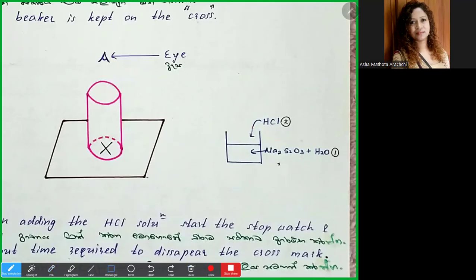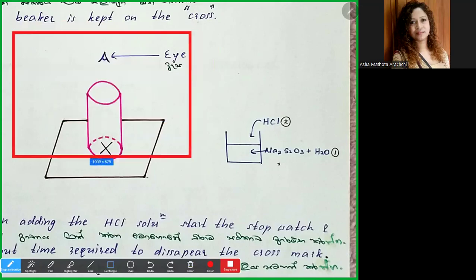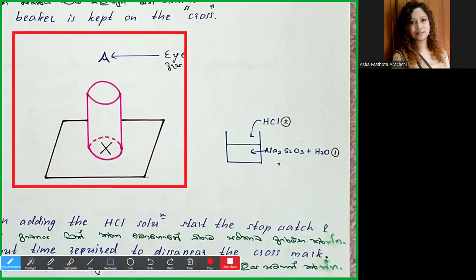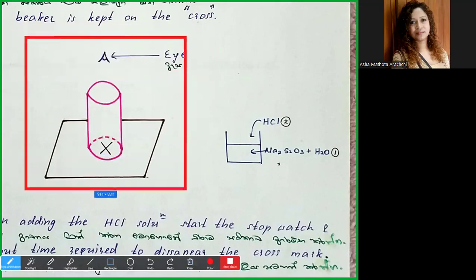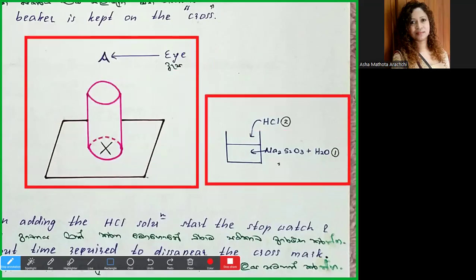I want you to draw both these diagrams. 1 and 2 mean firstly you are adding this, then you are adding HCl.